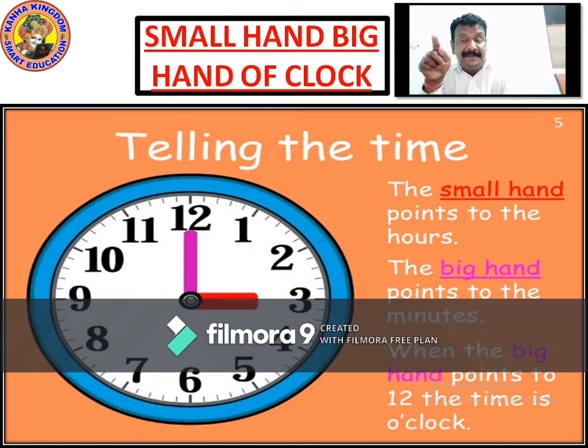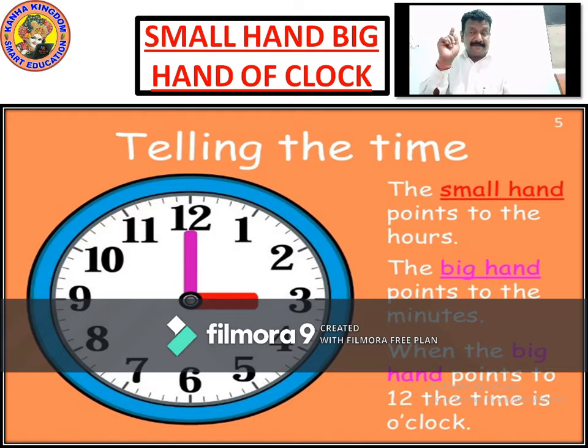Then again 60 minutes, from 4 it will come to 5. When the big hand moves 60 minutes, that makes an hour. So 3 to 4, 4 to 5. When 1 hour comes, the big hand moves from 12 to 12, an entire round.